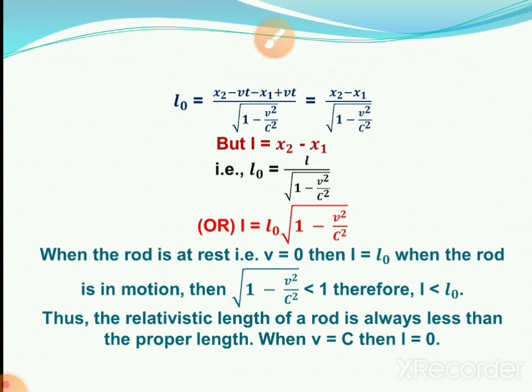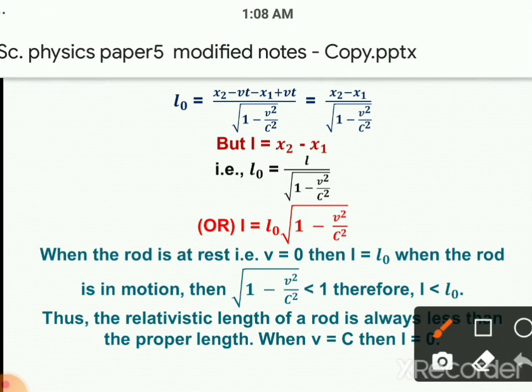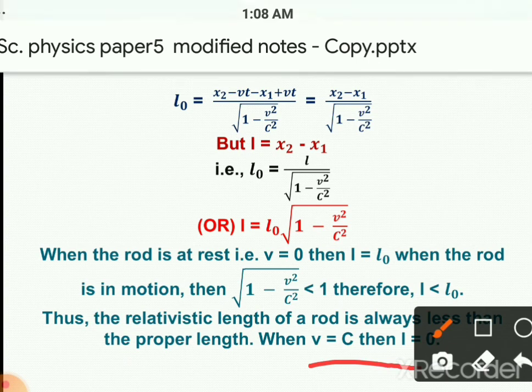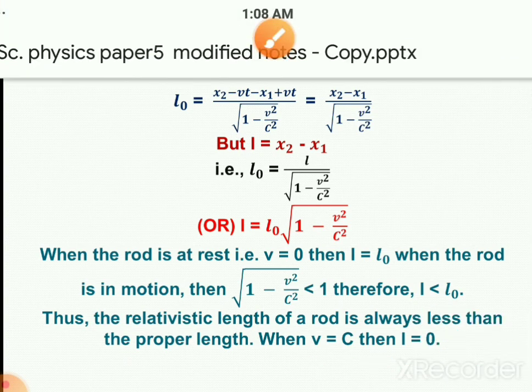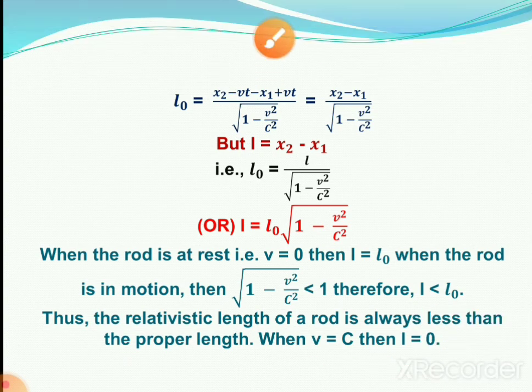So, therefore, we know that the relativistic length of the rod will always be less than the proper length. When v is equal to c, L should be equal to 0. What is L?